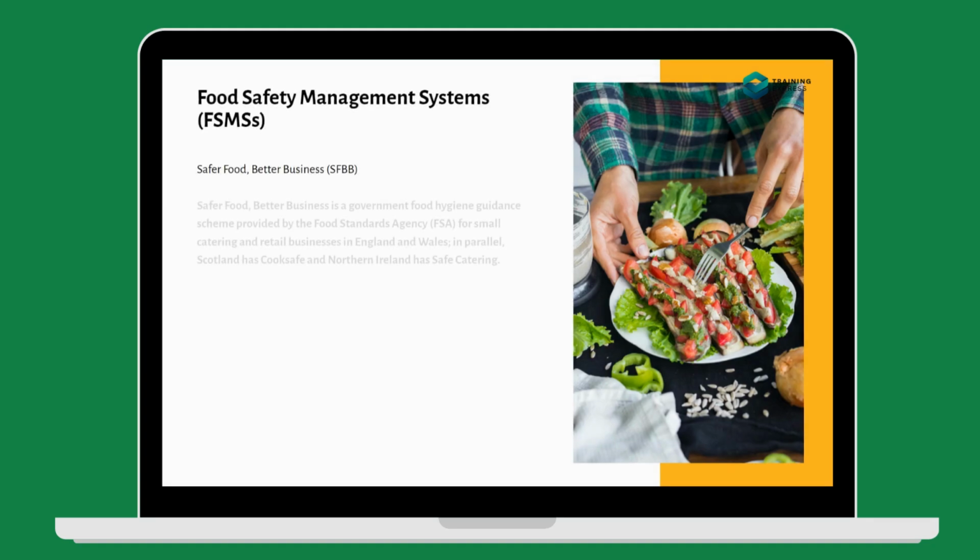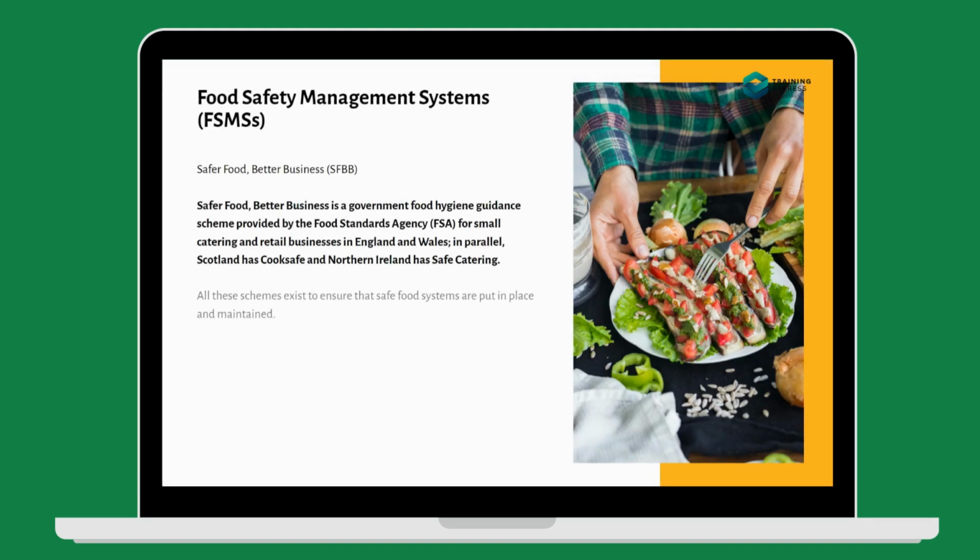Food Safety Management Systems, FSMSs. Safer Food, Better Business, SFBB. Safer Food, Better Business is a government food hygiene guidance scheme provided by the Food Standards Agency, FSA, for small catering and retail businesses in England and Wales.